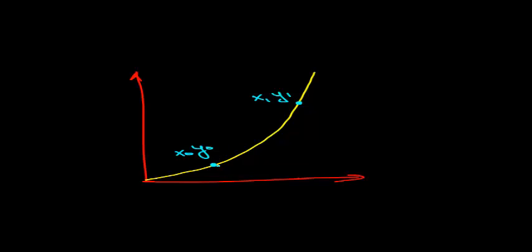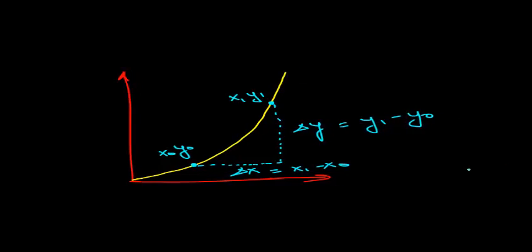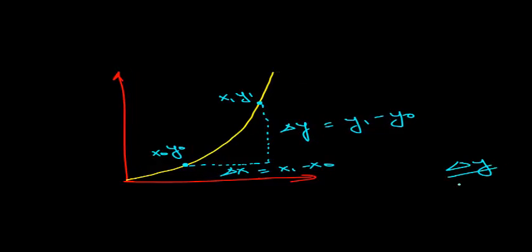You are going to walk from x0 to x1 until you reach vertically below it, and then walk up to it. This will be your delta y, this will be your delta x. Your delta y will be y1 minus y0, delta x will be x1 minus x0. And your slope is going to be delta y by delta x.